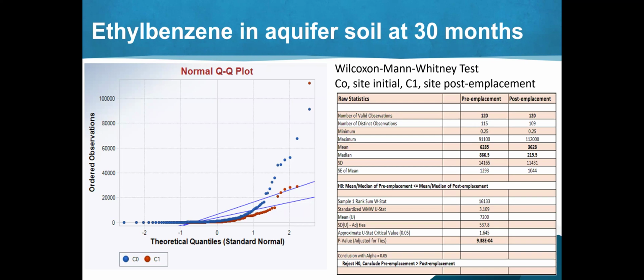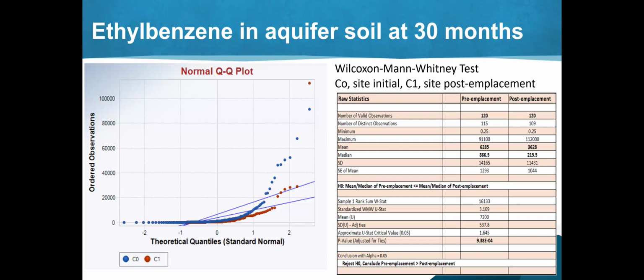Of course, that oftentimes indicates a much larger amount of free product than the wells tell you. In this particular case, what I'm showing you is the ethylbenzene post-treatment that we're measuring in aquifer soils at 30 months.